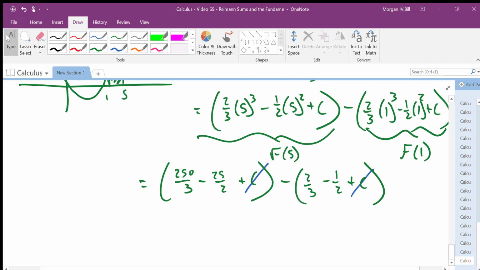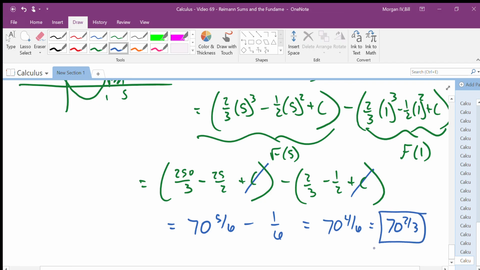Then I do 250 divided by 3 minus 25 divided by 2. That's 70 and 5/6, minus 2/3 minus 1/2, which is minus 1/6, is 70 and 4/6 or 70 and 2/3.